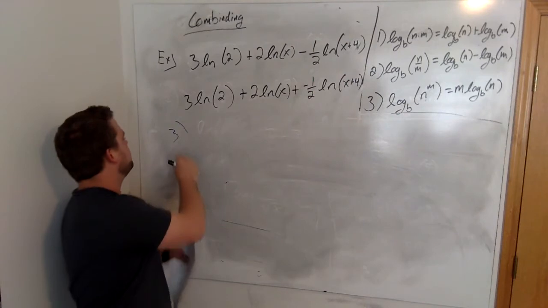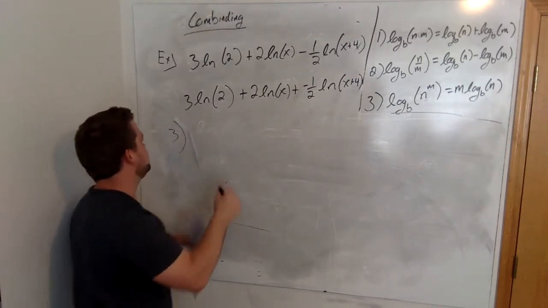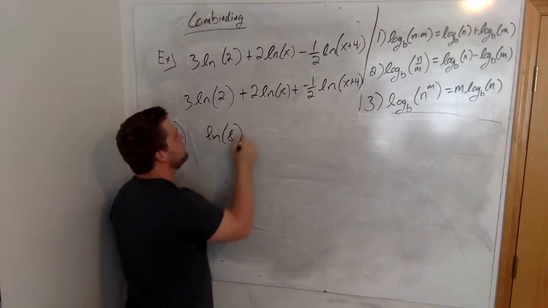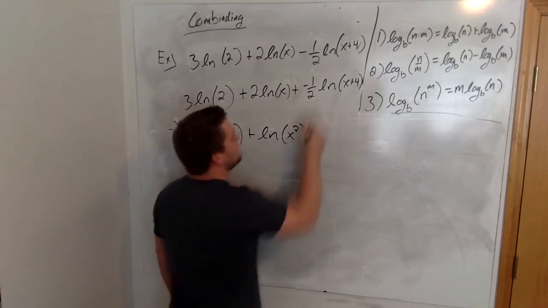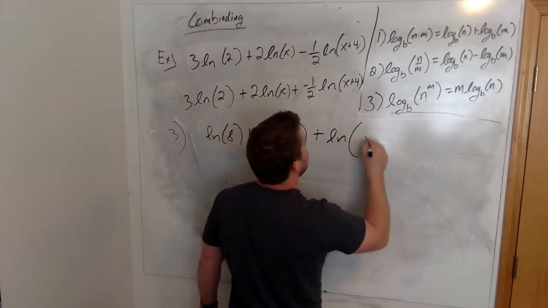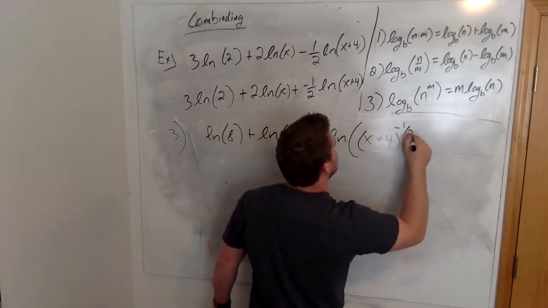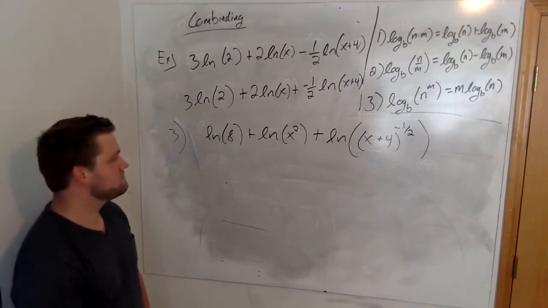So using log rule 3, this is the natural log of 2 cubed, so the natural log of 8, plus the natural log of x squared, but now plus the natural log of (x plus 4) to the negative 1/2. So that's the big difference.